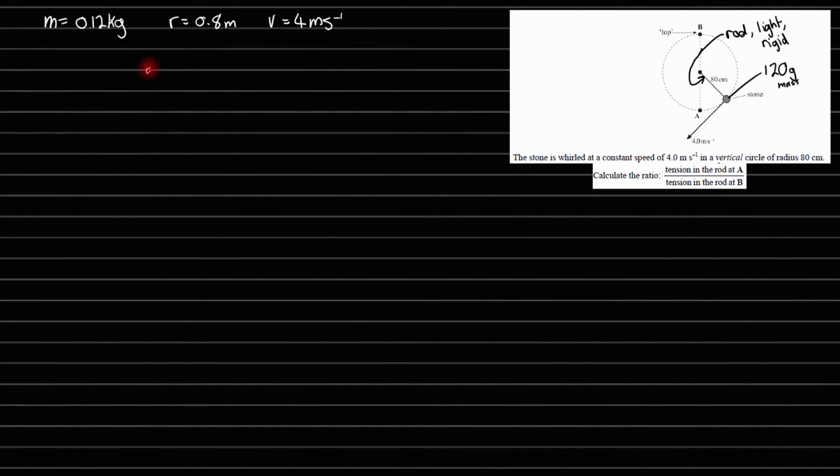When the stone is at point B, then in this free body diagram, we're going to have the tension acting downwards due to the rod.